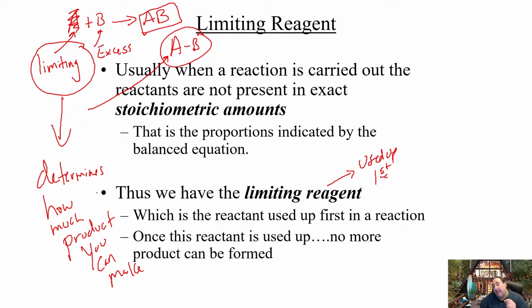It is only the limiting reagent that's going to determine how much product we make. In this simplified example, B we have plenty of, which means we will still have some of B when the reaction's over, but we have no more of A. So A is the determining factor as to how much product you can produce. Whenever you're trying to figure out how much product you should produce, which is sometimes referred to as a yield, you always want to do it based on the limiting reagents.